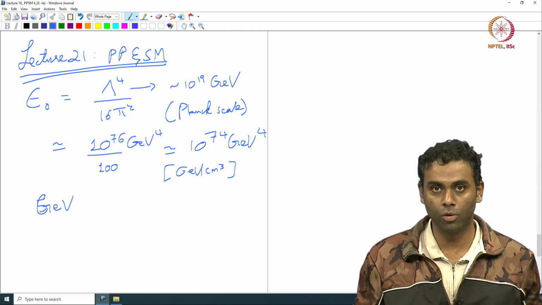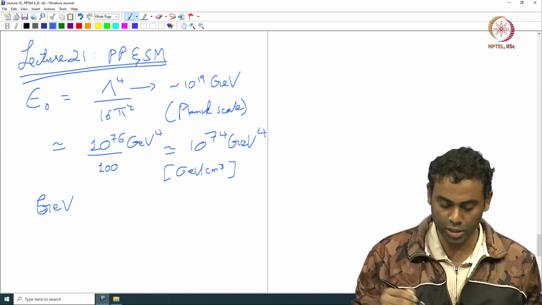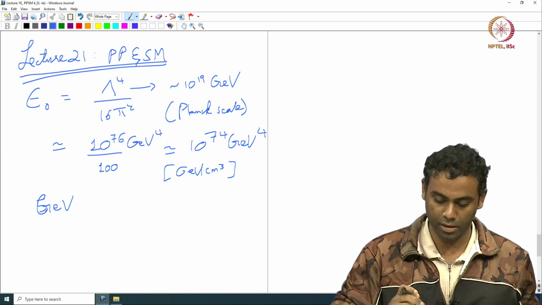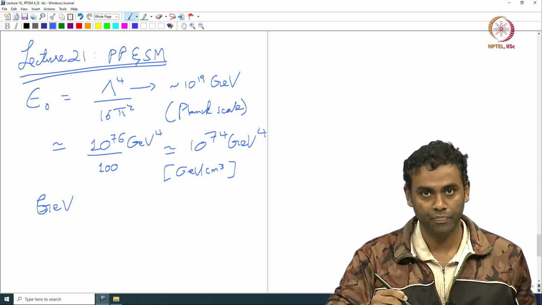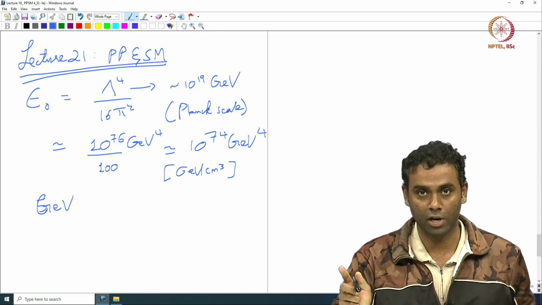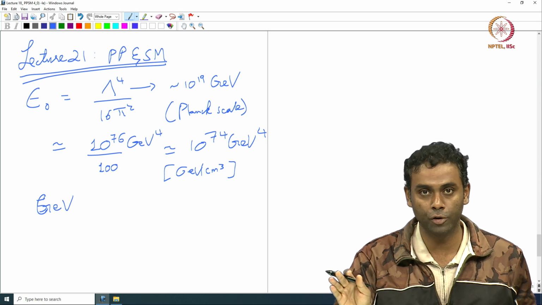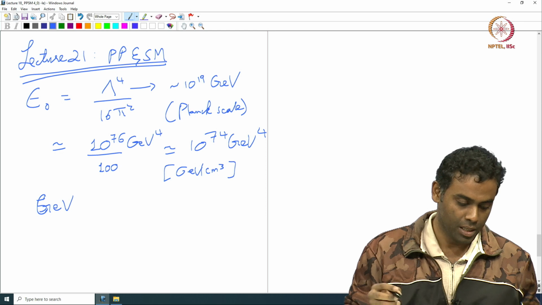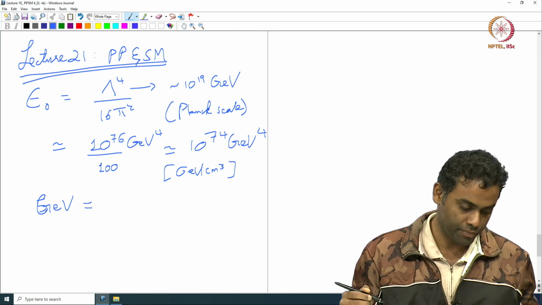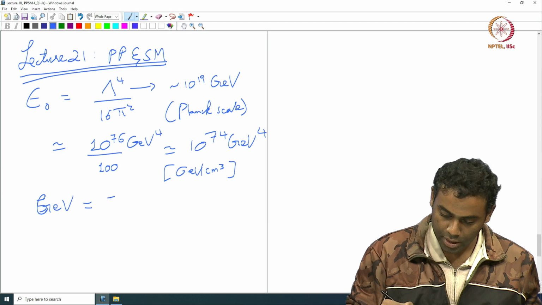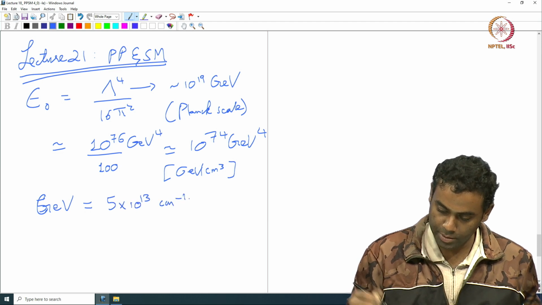Okay, so now you already know how to do this using Heisenberg's uncertainty principle, etc. By setting h bar equal to 1 and c equal to 1, you can get all these conversion factors. Every unit that we know of you can always write in terms of GeV and inverse GeV and so on. All right, but now I am just going to write this down. I know for a fact that a GeV is 5 times 10 power 13 inverse centimeter.